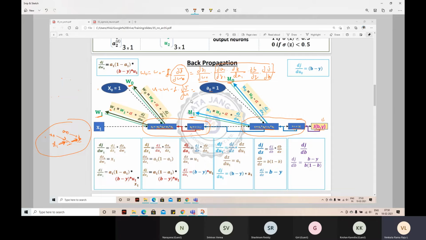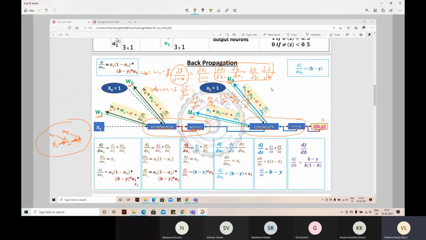What will change there? dZ1 by dW1 into, from here it is all the same, dA by dZ1, dZ by dA1 into dB by dZ into dJ by dB. That is the back propagation formula for the next W0 and W1.